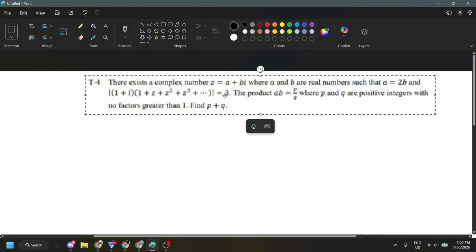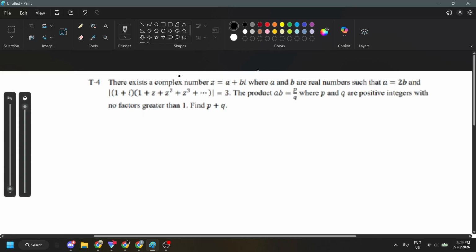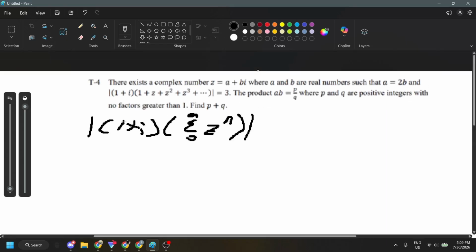So we need to find the product of a and b, so that's really just 2b squared. So we just need to find either a or b. Okay, well this is the same thing as the absolute value of 1 plus i times the sum from 0 to infinity of z to the n.